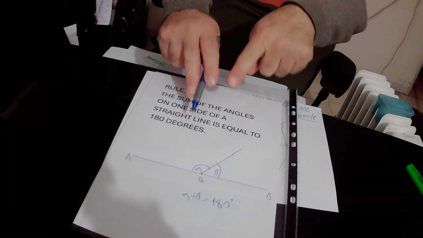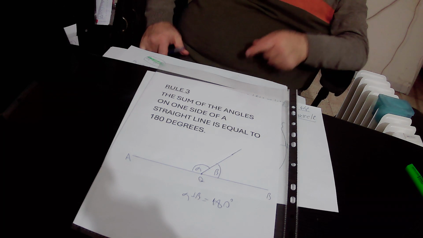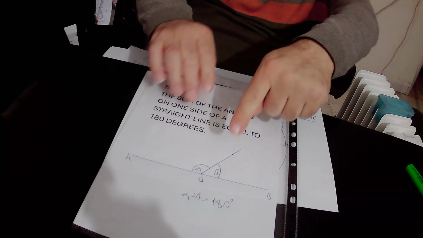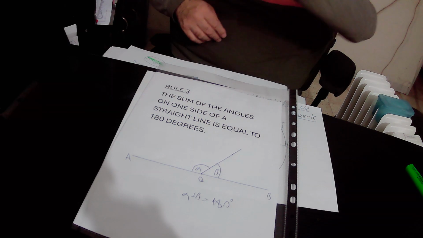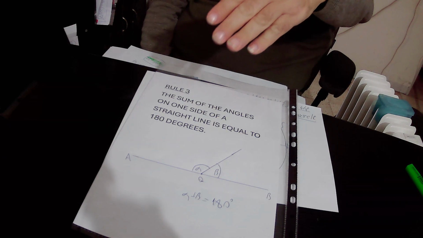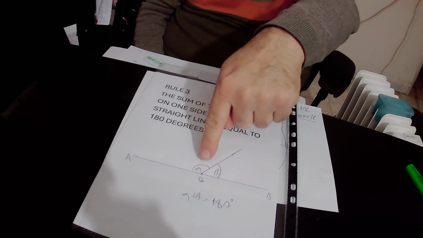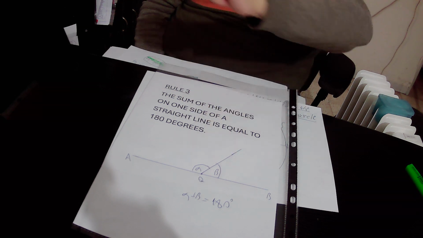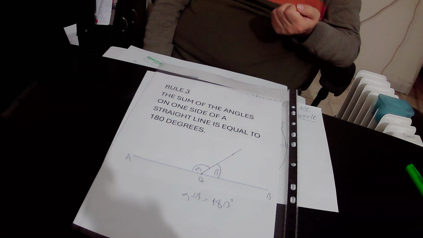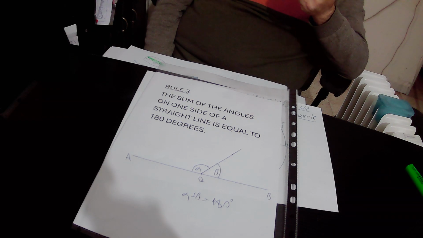We have the straight line AB. If we focus on the upper side of the straight line AB at point Q, the sum of the angles must be equal to 180 degrees. Which angles do we have at the upper side of AB at point Q? We have this angle that is alpha and this angle that is beta. So according to rule number 3, alpha plus beta must be equal to 180 degrees.